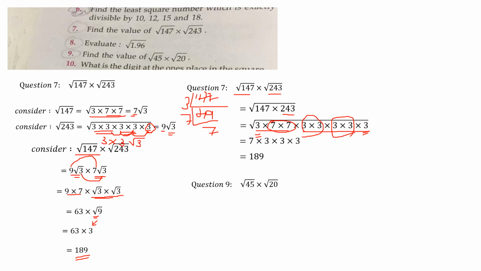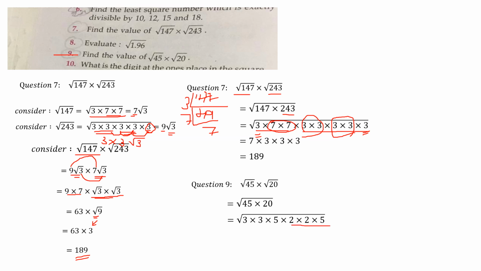Coming to the next question, we'll go with the 9th one, just because it is similar to your 7th question. Square root of 45 into 20. 45 can be split and written in the form of multiples of primes: 3 into 3 is 9, 9 into 5 is 45. Again 20: it's 2 into 2 is 4, 4 into 5 is 20.